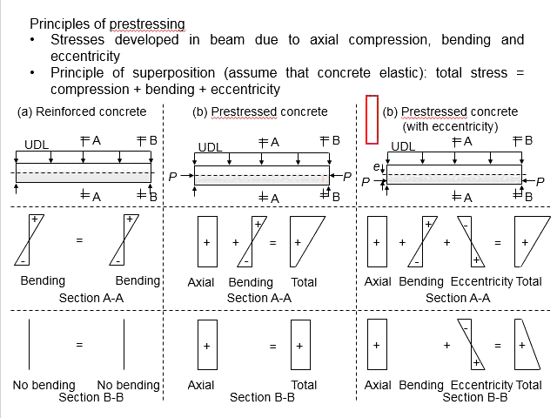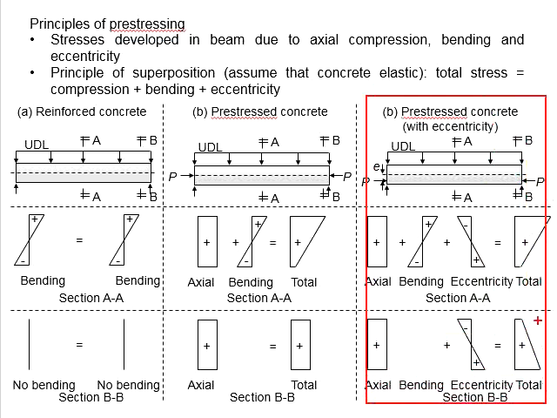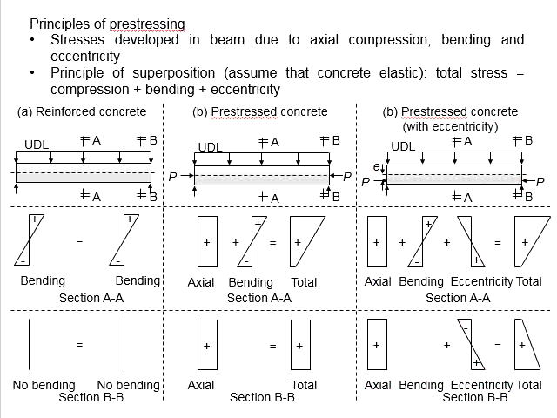Now let us look into the third case of the pre-stressing principles. There is a pre-stressing force acting on the beam, and the force is acting at an eccentricity distance from its neutral axis. Also, there will be UDL acting as the external load onto the beam.